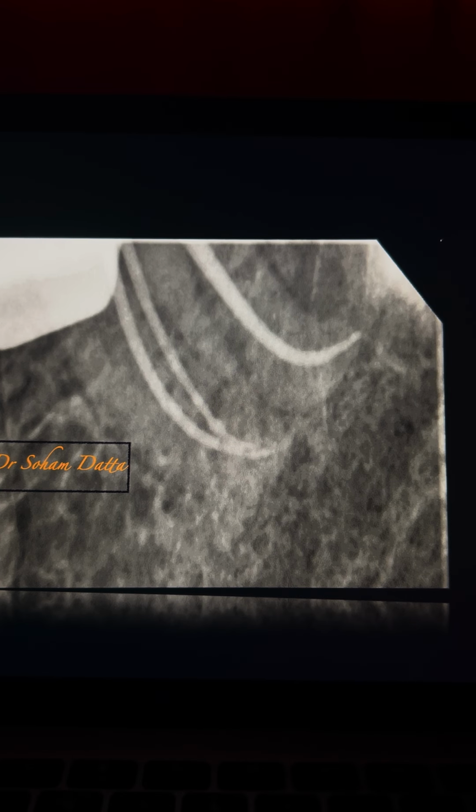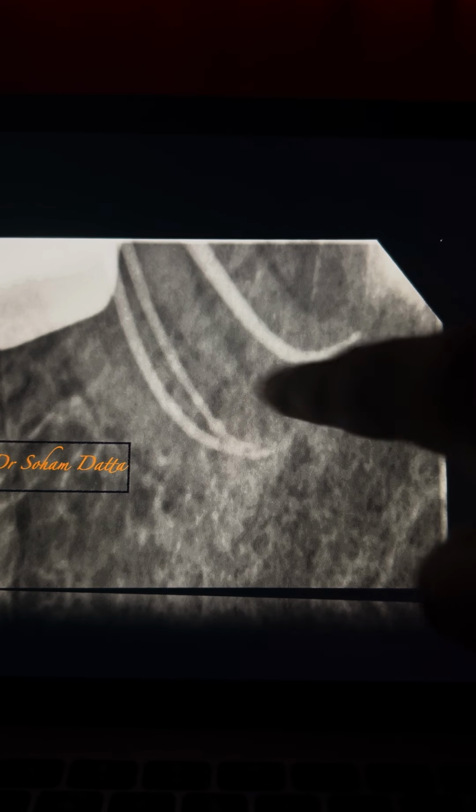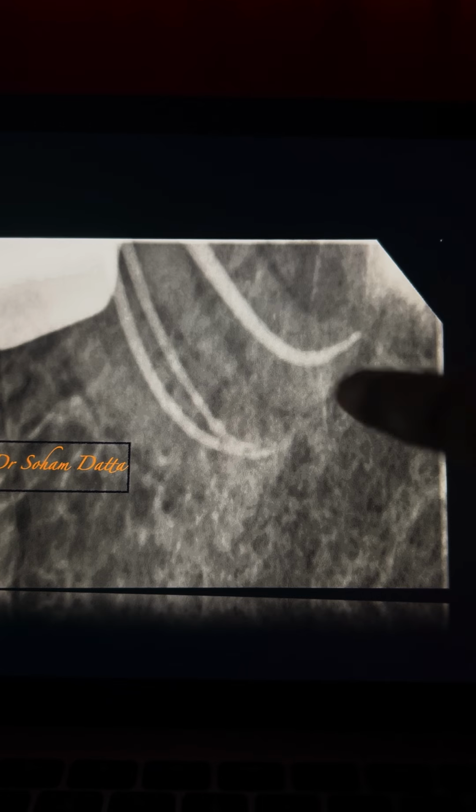Especially when you are doing curved cases, ideally you should take working length twice. It is obviously better to take working length twice, before and after the biomechanical preparation. And you should do master cone adjustment based on the working length which you take after the biomechanical preparation.